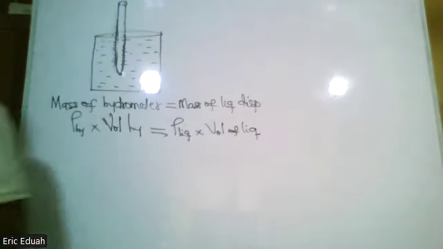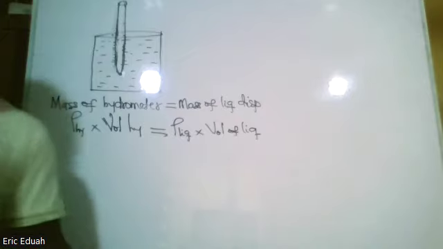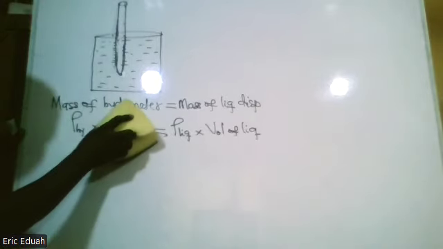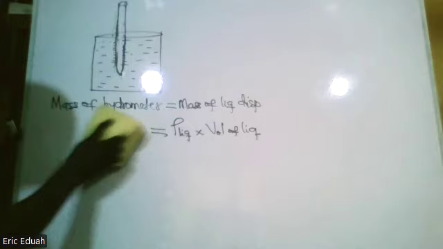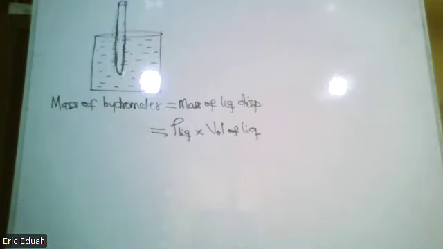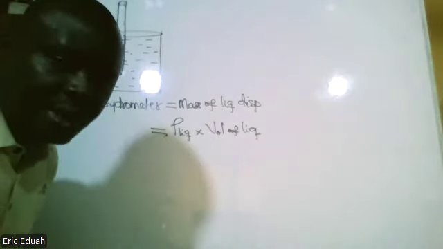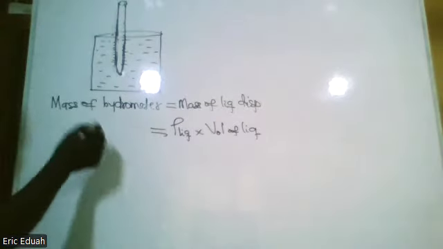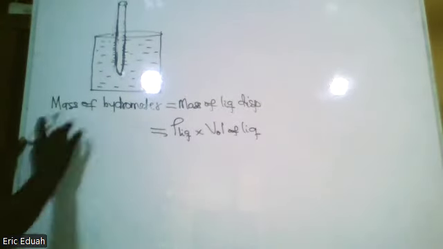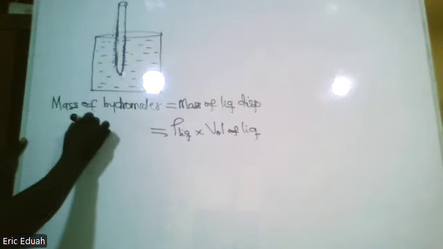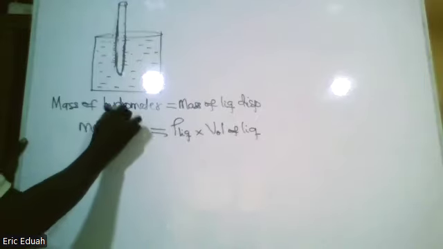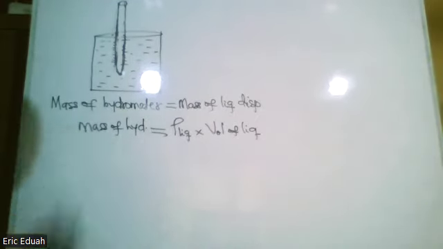Now, because the hydrometer is such that its mass can be determined easily by putting it on a scale or on a weighing balance, we can always know this component, mass of hydrometer.